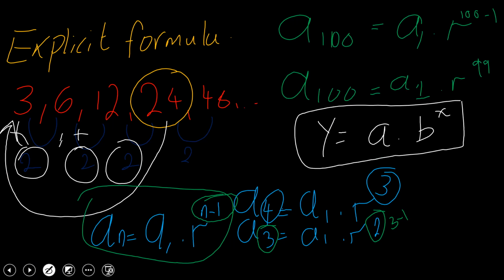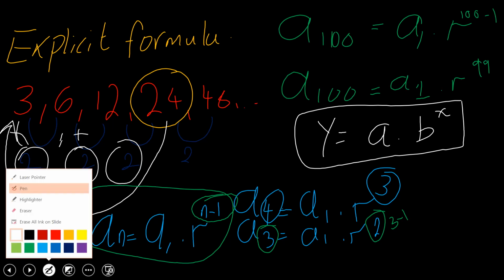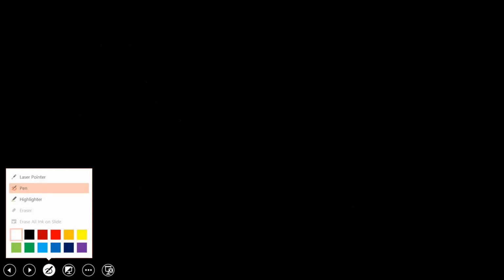So, as I told you before, the arithmetic sequence is the same as the linear function, and the geometric sequence is the same as the exponential function. Now, by now, I can know the explicit and the recursive formula for the geometric sequence.